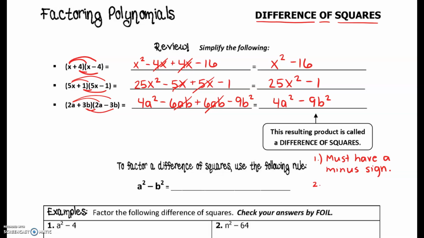Second thing, you will notice the exponents. Every one of the exponents is an even number. So in order to factor these as a square, the exponents must be even numbers. So 2, 4, 6, 8, 10, as long as it's an even number, the exponents can be factored using the difference of squares.